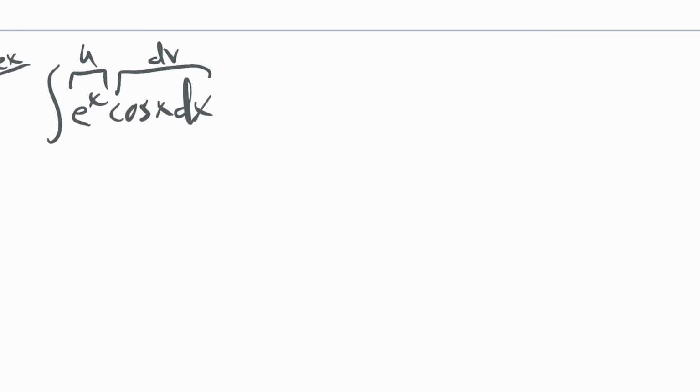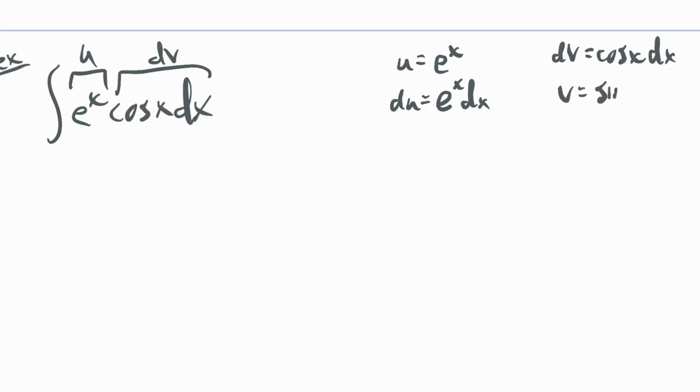Okay, so u equals e to the x, so du equals e to the x dx. Okay, dv, this equals cosine x dx. So v equals sine of x. And again, plus c if you want, but you don't need it.